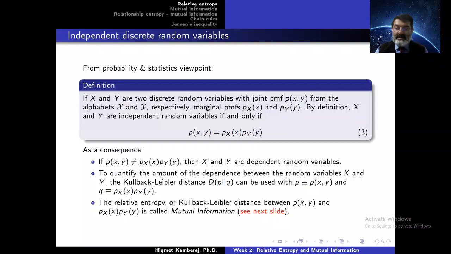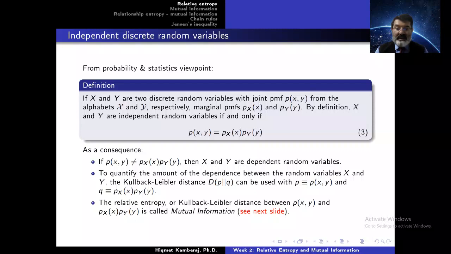As a consequence, if the joint probability mass function is different from the product of marginals, then X and Y are dependent random variables.